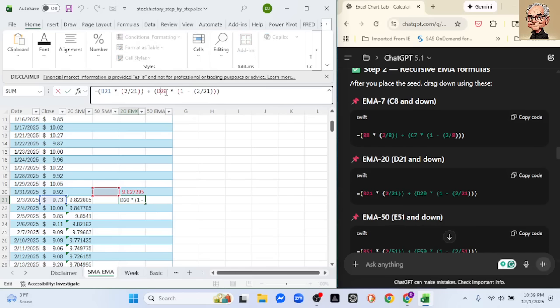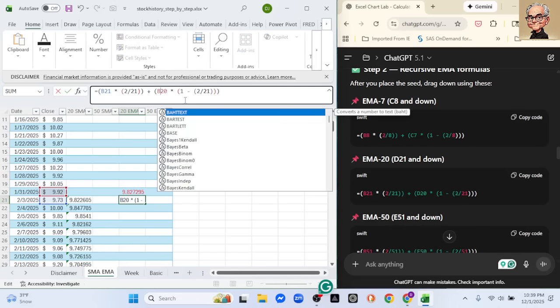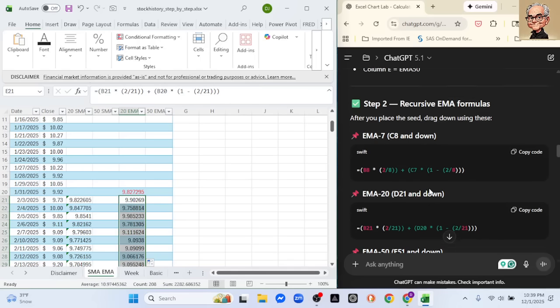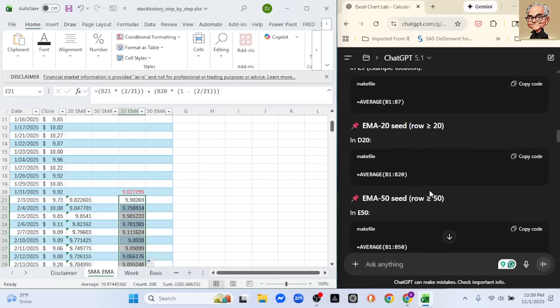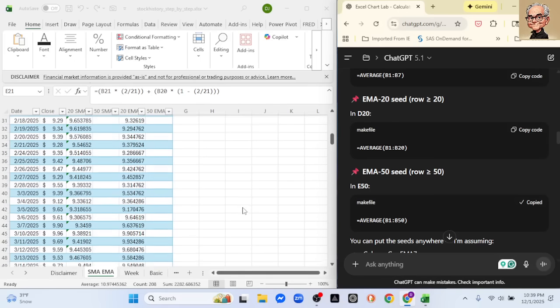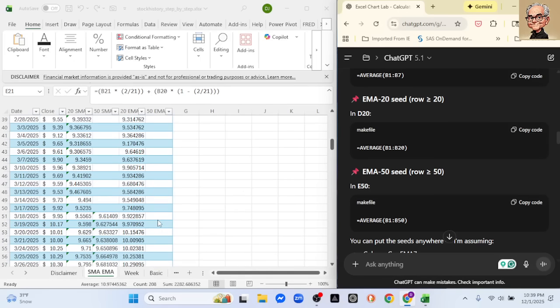So this should be a B, right? All right, so there's that. Let's set our seed for the 50 now, then we can compare the results. Set our seed up here again.